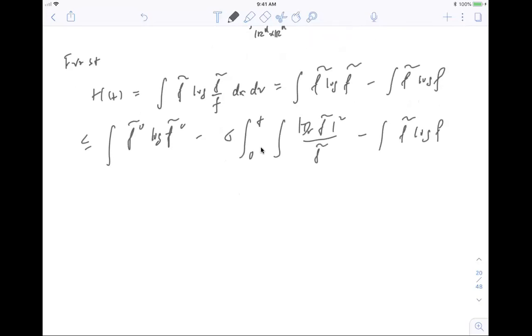So now we use log f as the test function. Since f is as nice as possible, we can assume this. So we use log f as test function, and we can use the equation of f to estimate these terms. f tilde is a weak solution, and we can use log f as a test function.